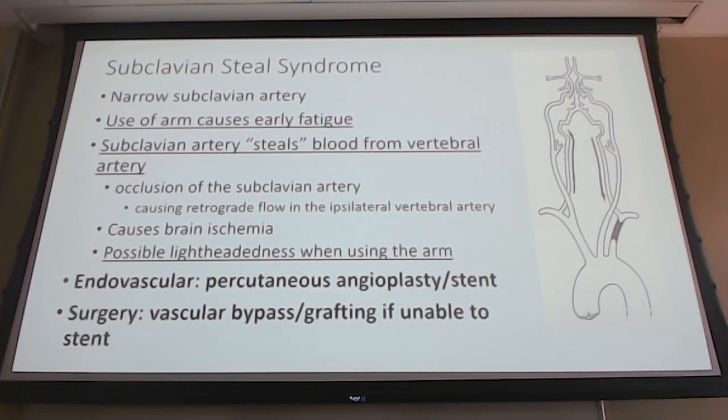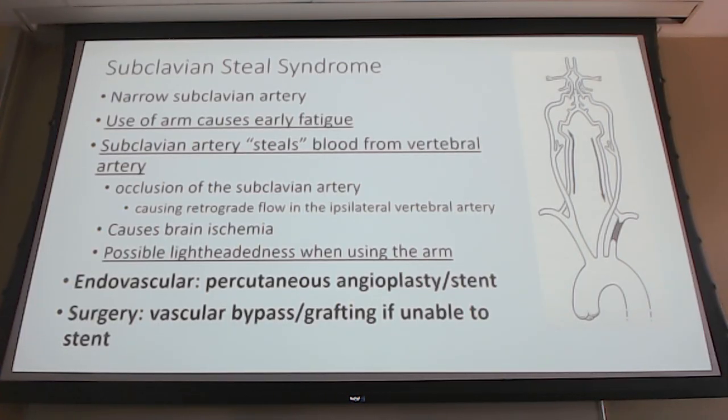Alright, subclavian steal syndrome. This is a narrowing of the subclavian artery. Normally for the left. Normally it causes early arm fatigue. It kind of gets caught underneath the clavicle and in the musculature and everything, and the subclavian artery pulls blood.